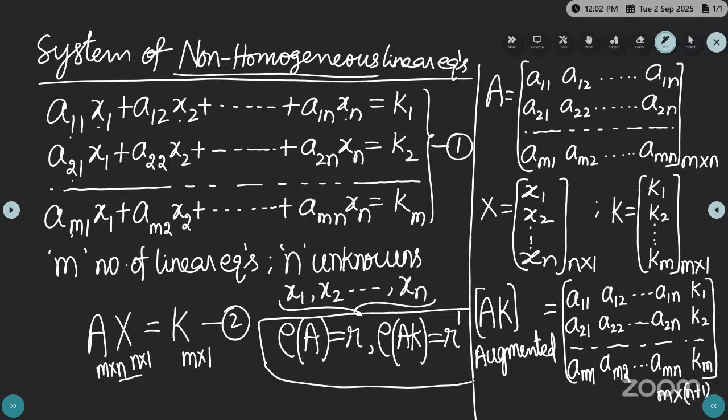There is no necessity of finding the ranks of those two separately. No need of finding the ranks of those two separately.